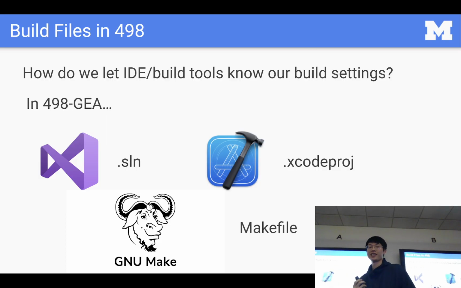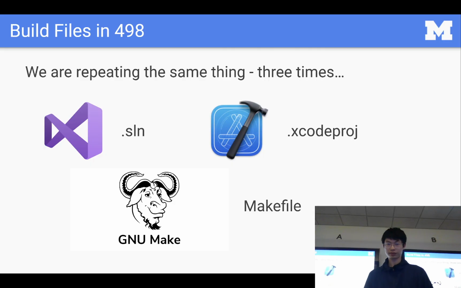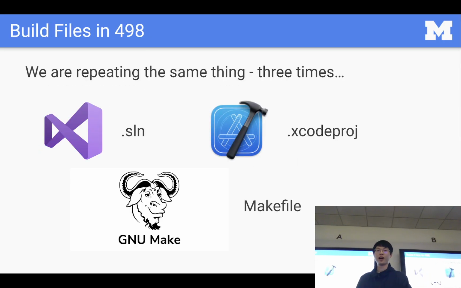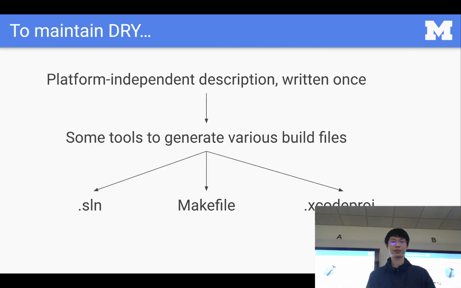When we're writing CMake, we want to let the IDE or build tools know our build settings. How do you achieve that? In this course, we're basically repeating the same thing 3 times, telling each IDE or build tool where our include directories are, and which files or libraries we're going to link against.